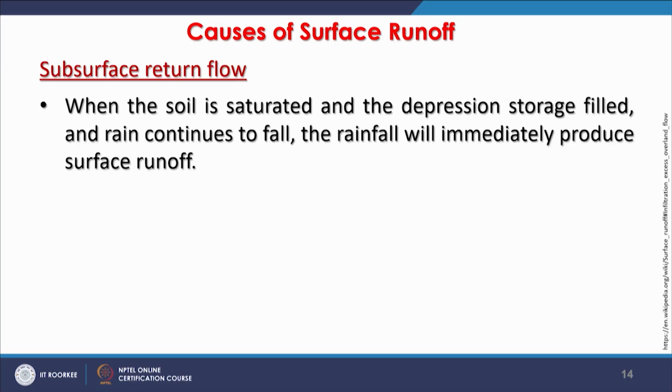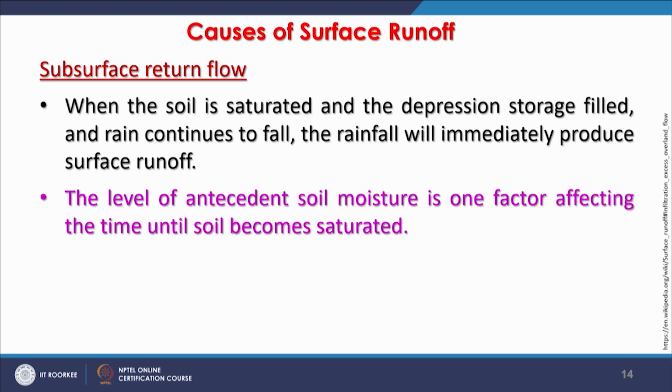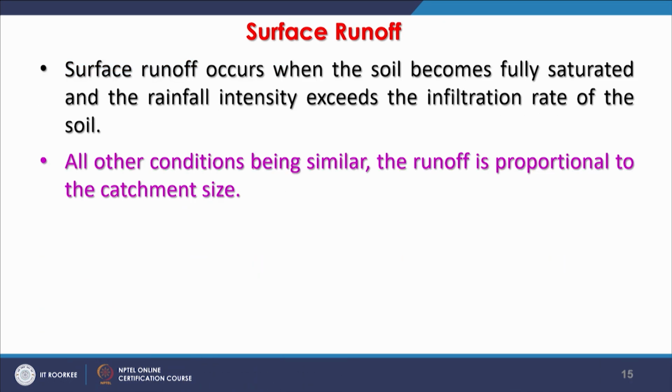Now, subsurface return flow: when the soil is saturated and the depression storage is filled, and the rain continues to fall, the rainfall will immediately produce surface runoff, whatever the level of antecedent soil moisture. So, surface runoff occurs when the soil becomes fully saturated, and, as we have been discussing, when the rainfall intensity exceeds the infiltration rate.